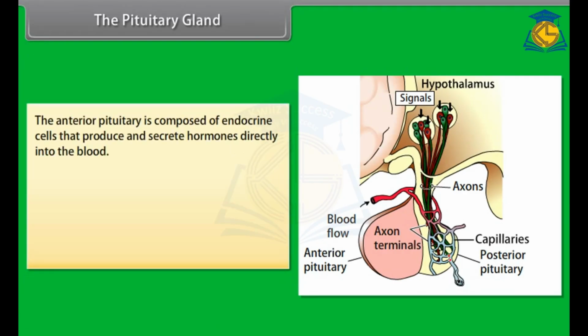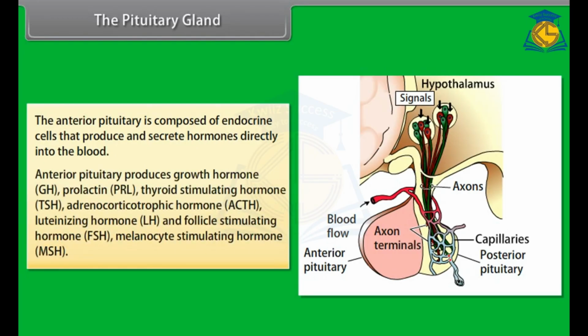The anterior pituitary is composed of endocrine cells that produce and secrete hormones directly into the blood. Anterior pituitary produces growth hormones GH, prolactin PRL, thyroid stimulating hormone TSH, adrenocorticotropic hormone ACTH, luteinizing hormone LH, follicle stimulating hormone FSH, and melanocyte stimulating hormone MSH.